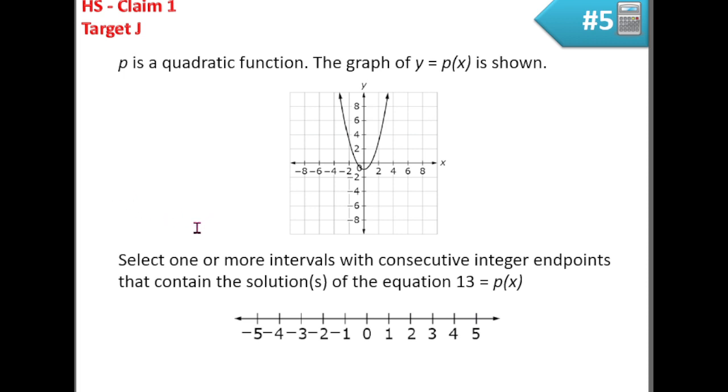Next we have this. So select one or more intervals. So we are looking at p of x equals 13. So p of x is the same thing as saying f of x, which is y. So we are going to look at our y value here, when p of x equals 13.